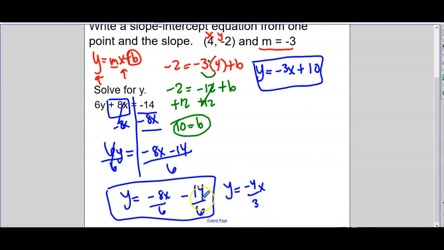And then I could simplify both these by 2 and say -7/3. We could do it that way, okay? Or if you want to write those as whole numbers or mixed numbers, you could. But again, improper fractions are nice, especially when we're dealing with slope and rate of change. We like to think vertical over horizontal, right, with our change, so you can keep it like that as you move through.